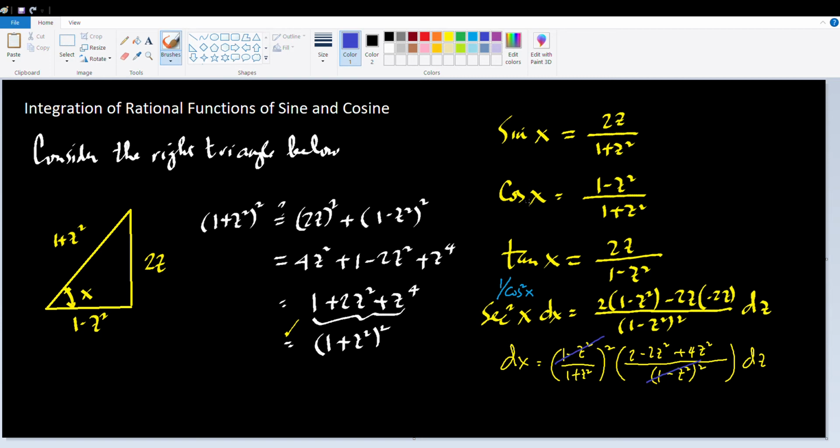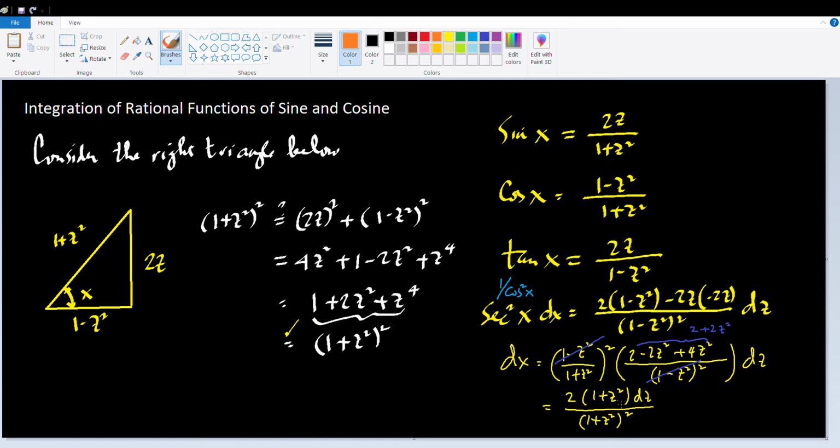Alright, so our numerator will be 2 minus 2z squared plus 4z squared. So this is equivalent to 2 plus 2z squared, wherein we can factor the 2, so that will be 1 plus z squared dz over 1 plus z squared, quantity squared.